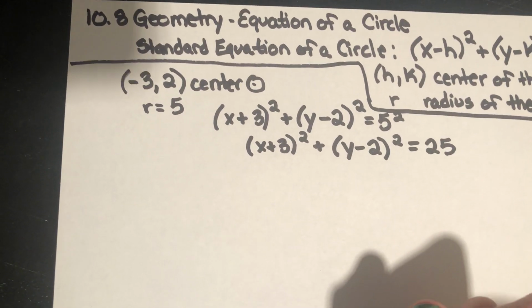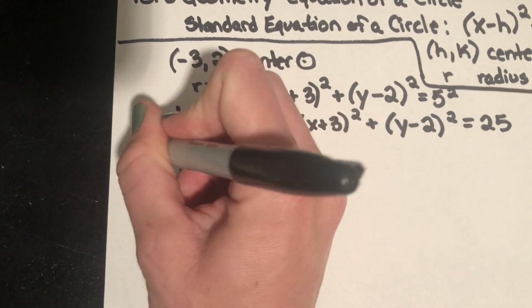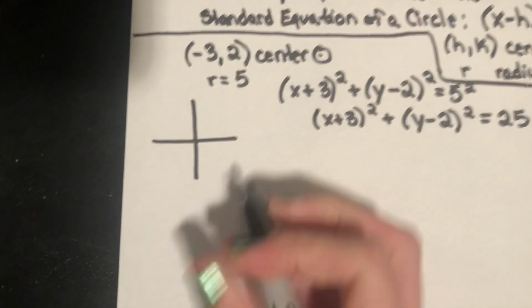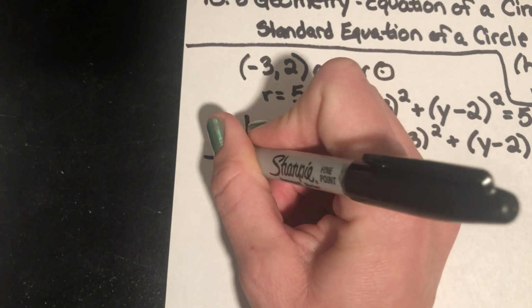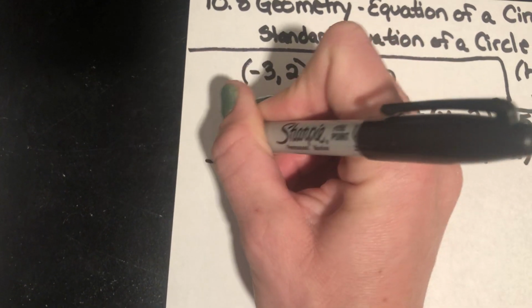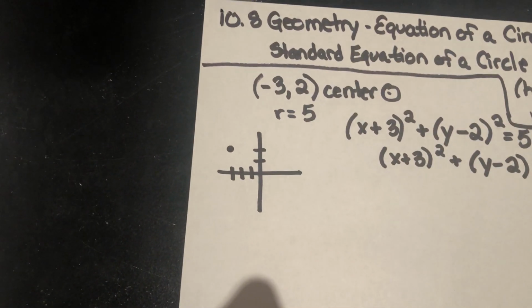If we were to graph this circle, we go out -3 and up 2, and that is the center.